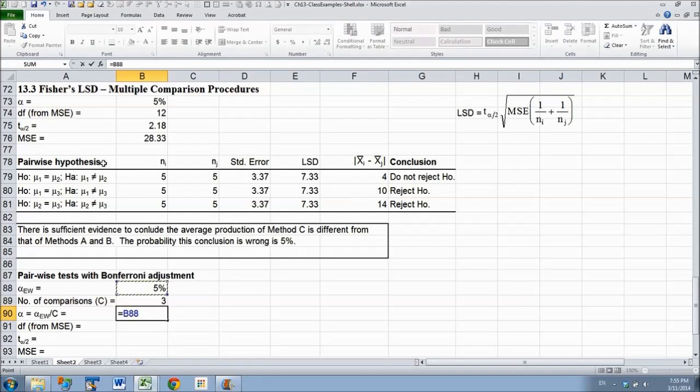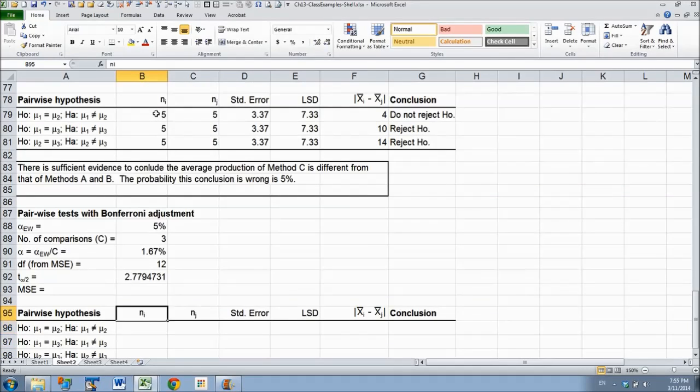So we need to divide 5% by the number of comparisons we are making and use that in the T table. So degrees of freedom is the same as before. Now we use T.INV.2T with that revised alpha and degrees of freedom. So that gives you a larger value for the T table.